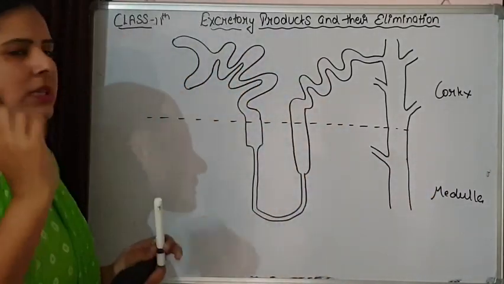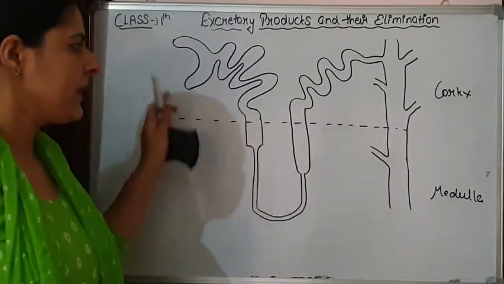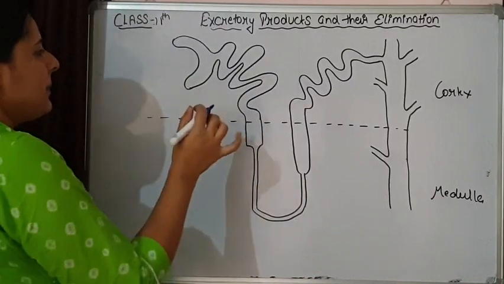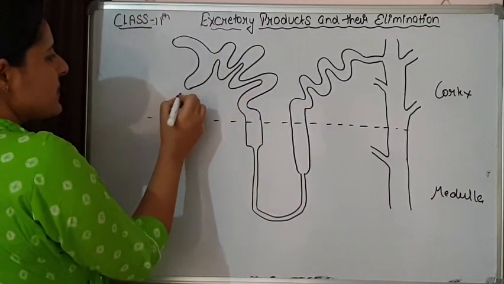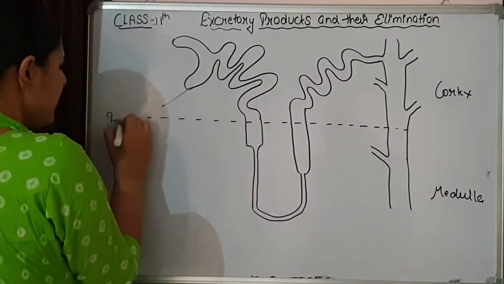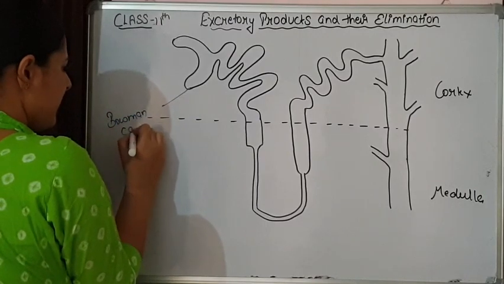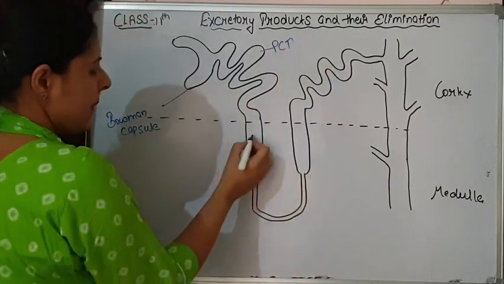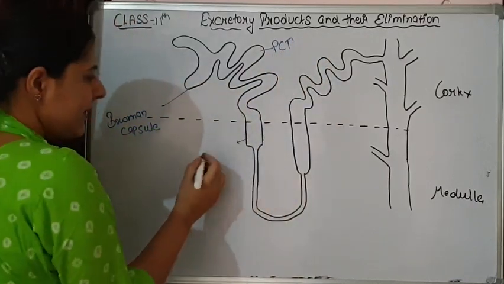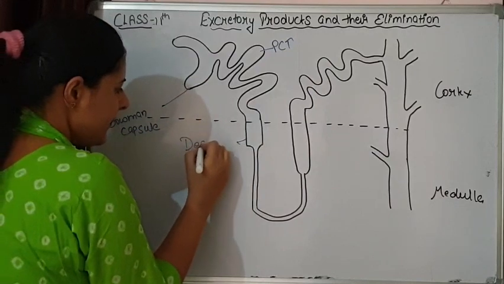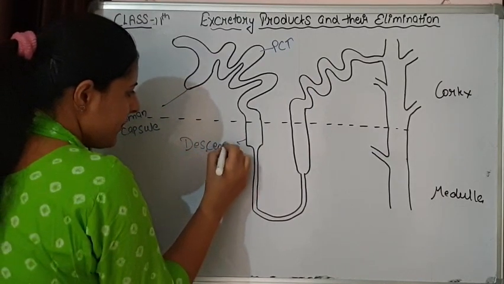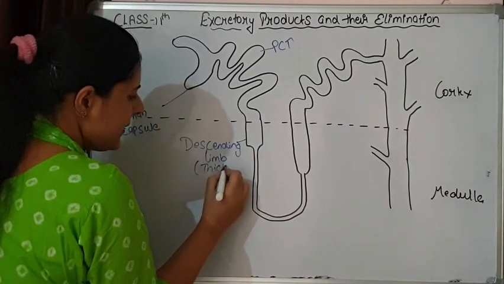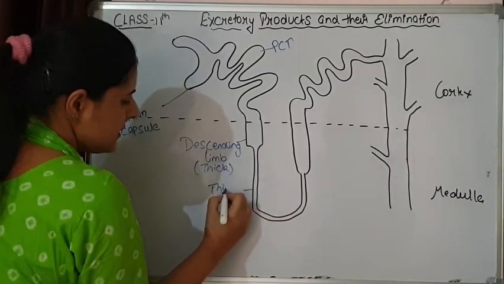Now, this is how the nephron is present. Let's label these parts. This cup-shaped structure is the Bowman capsule. This is the PCT. Again, the descending limb, which means the thick segment, and this is the thin segment.